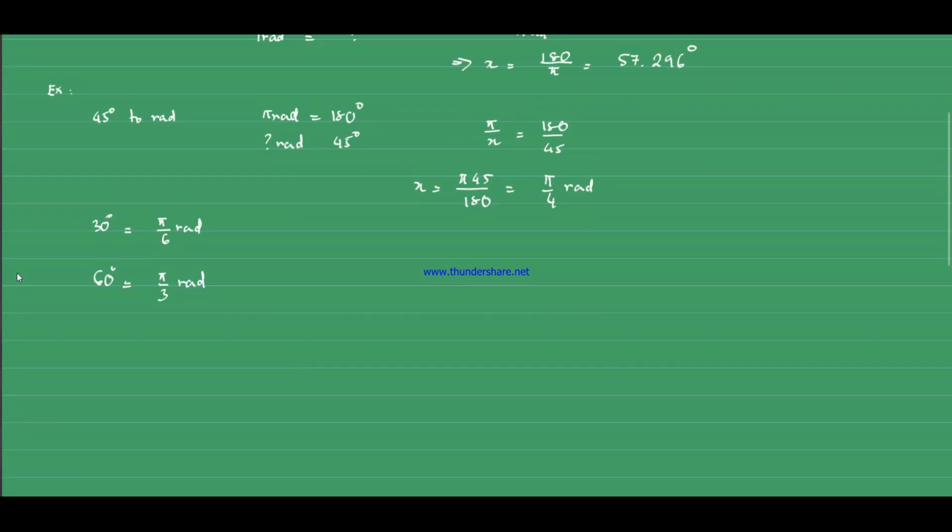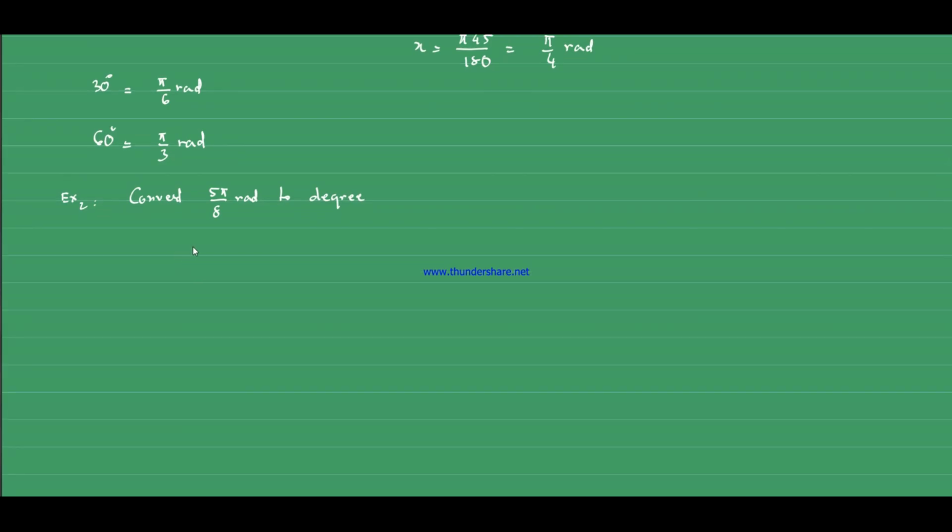Now, what if the number is not nice? Let's say I want to convert 5 pi over 8 radian to degrees. Let's see how many degrees. Very easy, same thing too. We set up the relation: pi radian equals 180 degrees, and 5 pi over 8 radian will be how many degrees?